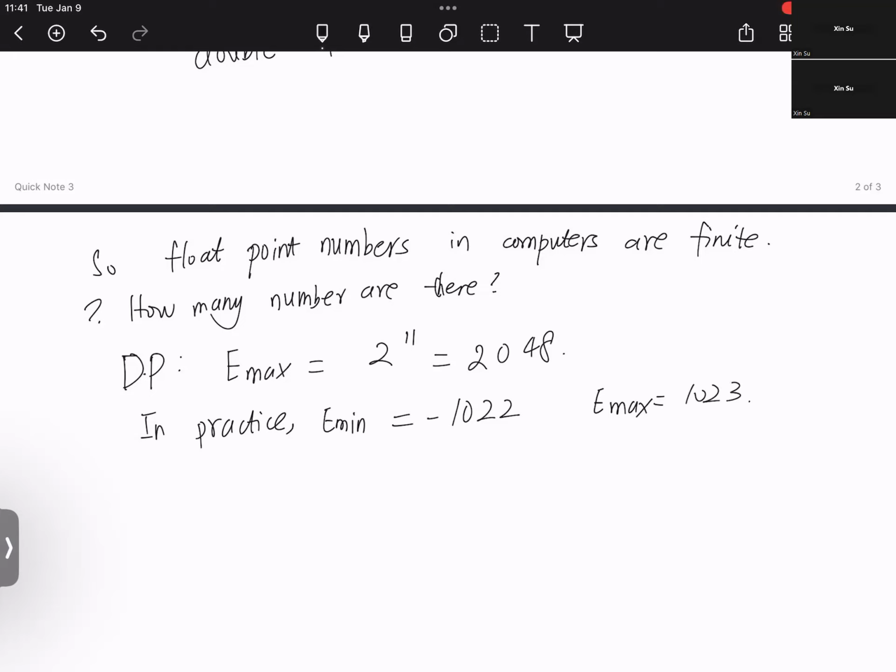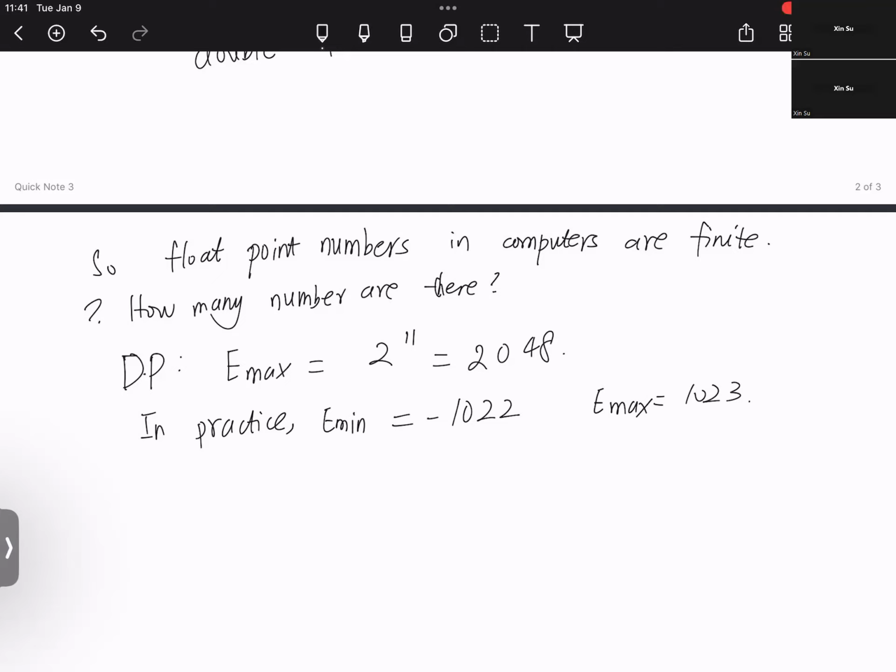There are two numbers missing here, maybe used to store other information in the computer. But in practice, we have the exponent minimum and the exponent maximum.